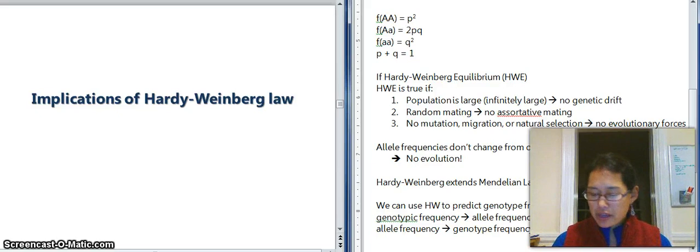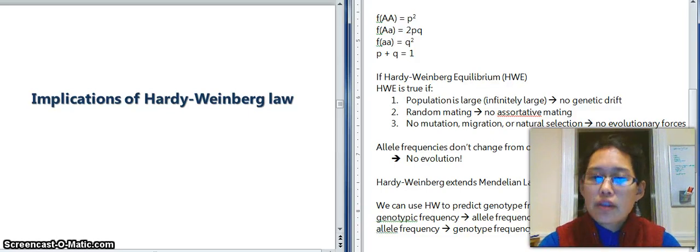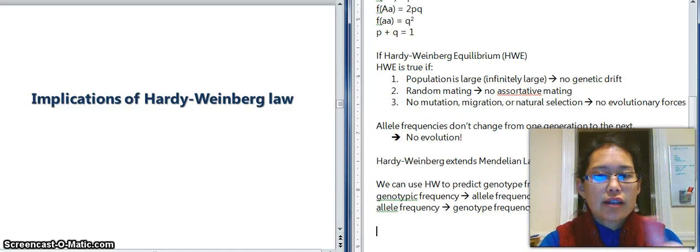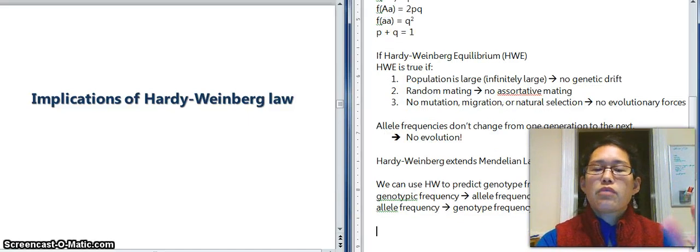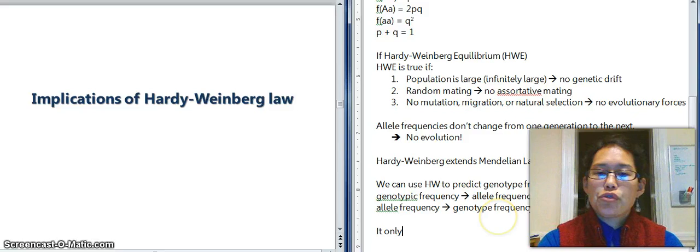So that's one of the implications of Hardy-Weinberg equilibrium, and the other one is that the population doesn't evolve. And then another one, which I actually forgot to mention in class, was that it really only takes one generation of random mating to restore Hardy-Weinberg equilibrium.